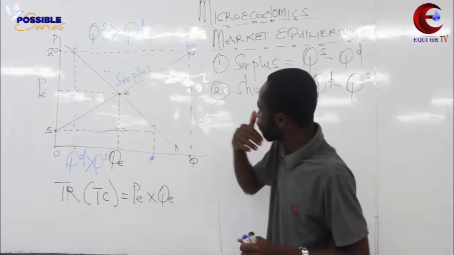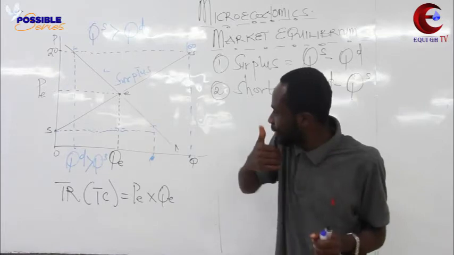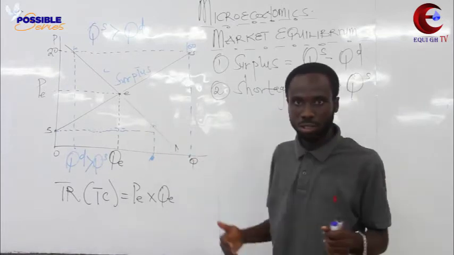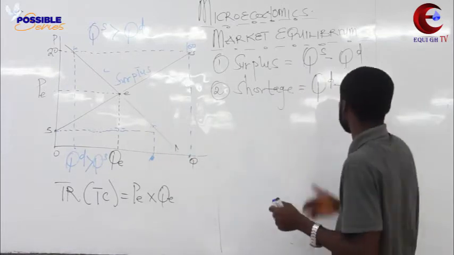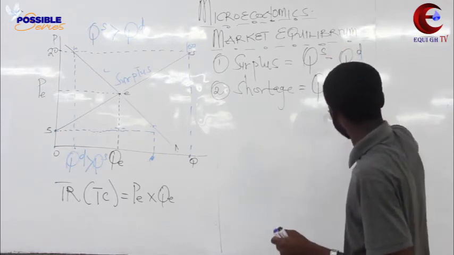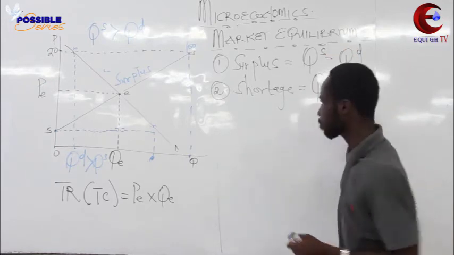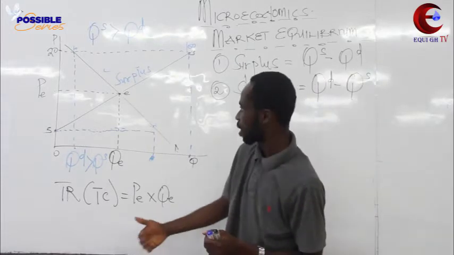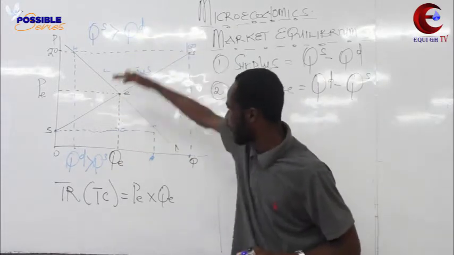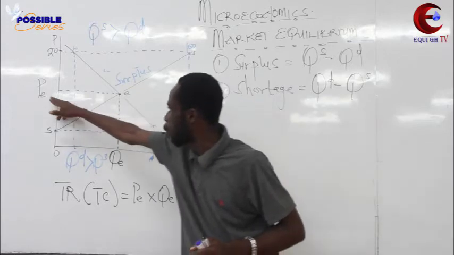And at the point of shortage, quantity demanded is greater than quantity supply, and the formula is quantity demanded minus quantity supply, shortage. Now surplus is the point above the equilibrium point or the equilibrium price.